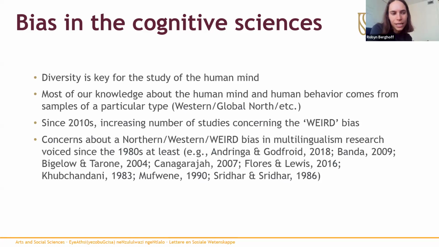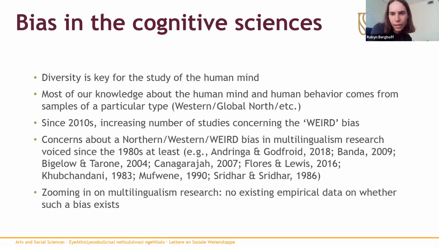So people have claimed in this field specifically, for example, that we rely too much on English, we rely too much on participants who are highly educated, participants in the global north. But there haven't really been any empirical studies to establish that in this field of second language acquisition, multilingualism research, there is indeed a sampling bias of this sort.